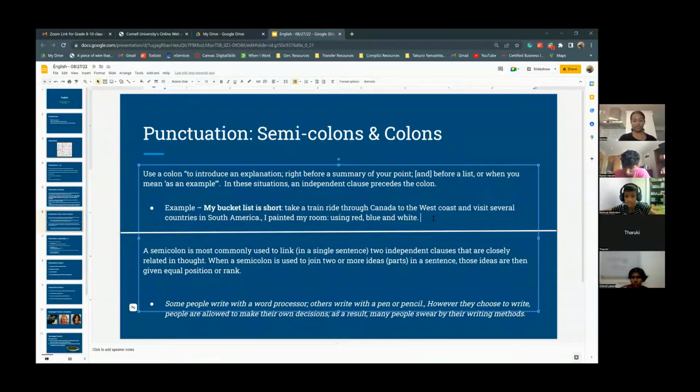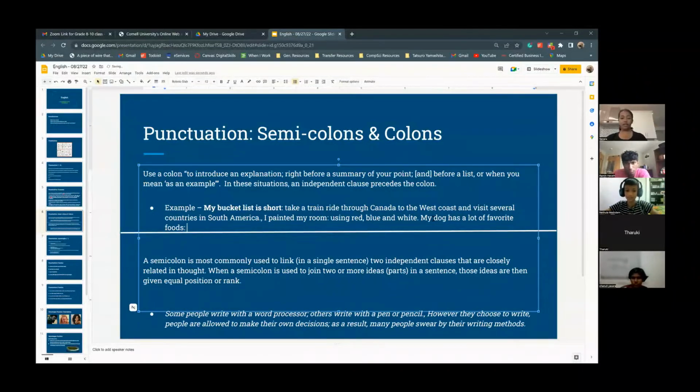Dog's favorite foods. So we could say, my dog has a lot of favorite foods, colon, and then we could use meat and cake. That's a good example.